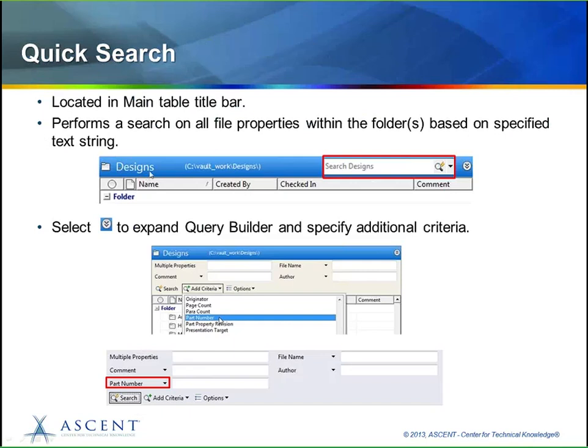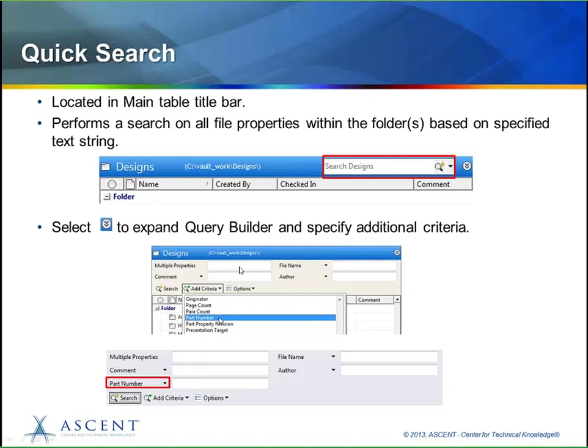Here I'm in the designs folder, so whatever I type in there will be searched within that folder. So results will only be from that folder. And if I click that Query Builder arrow, up comes the additional criteria I can specify. So these are the defaults there.